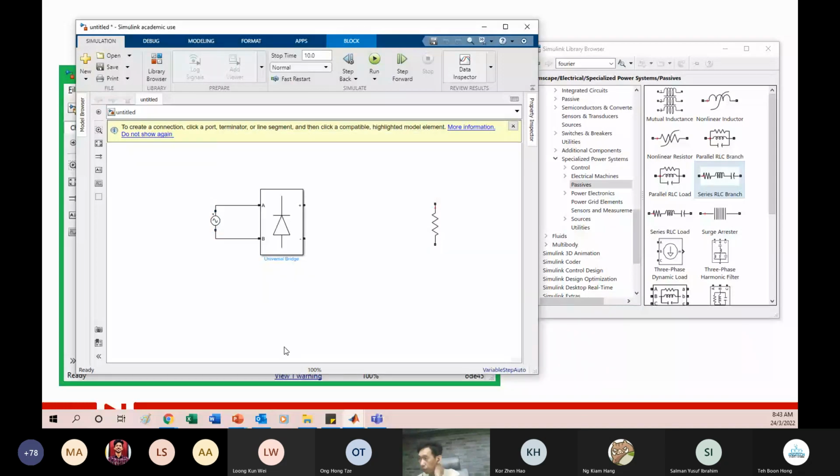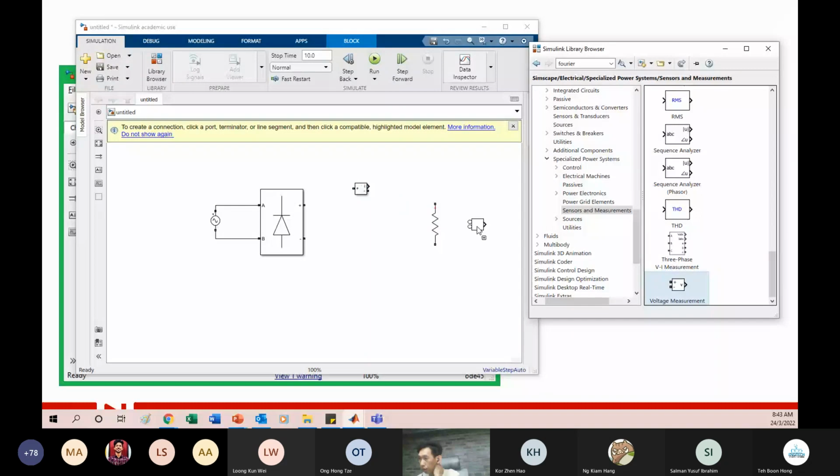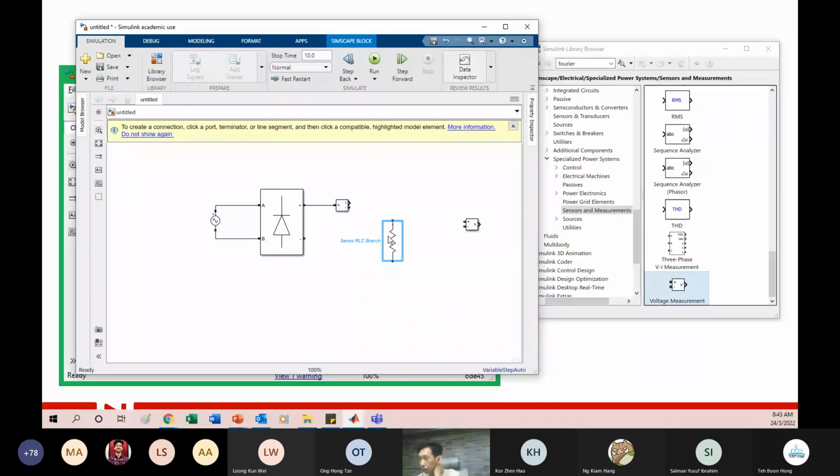And then we will need to have our sensor. We need both sensors, right? Current and voltage. So we measure the current, and we measure the voltage.